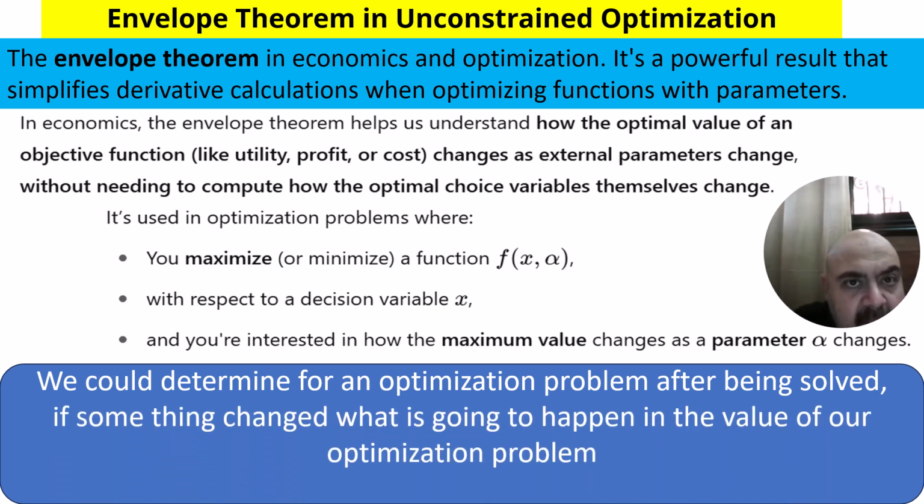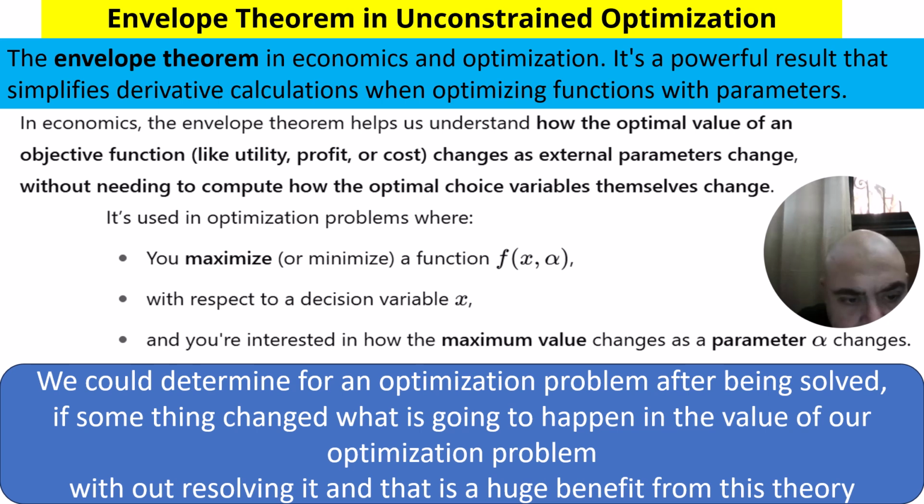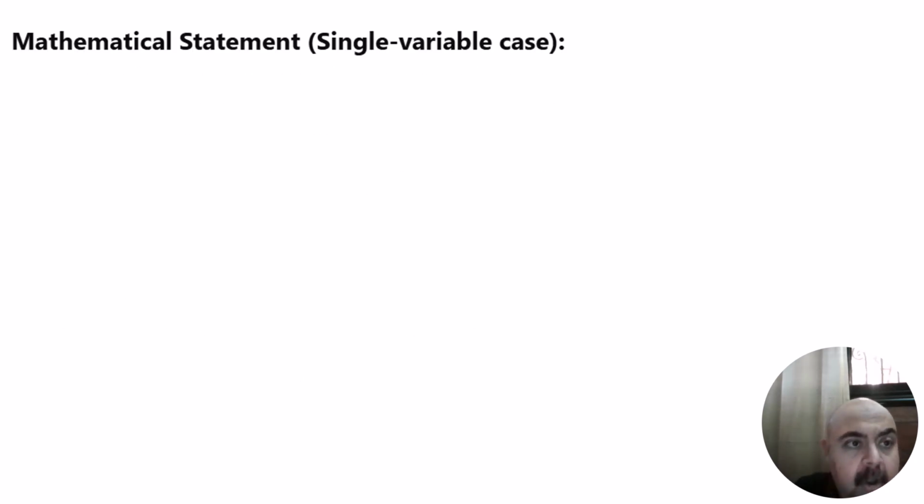If something changed, what's going to happen to the value of our optimization problem? Without resolving, that's the condition, without resolving, so it has a huge impact and benefits, especially in complicated models of optimization.